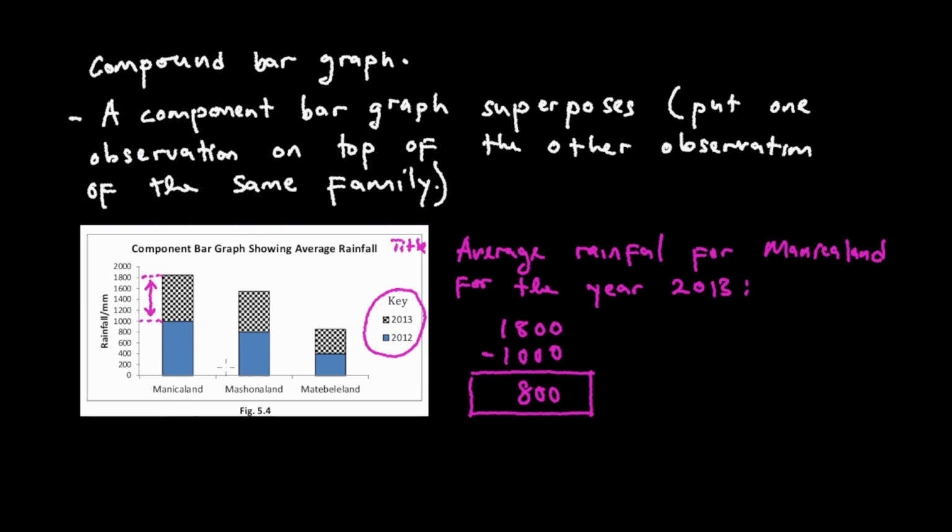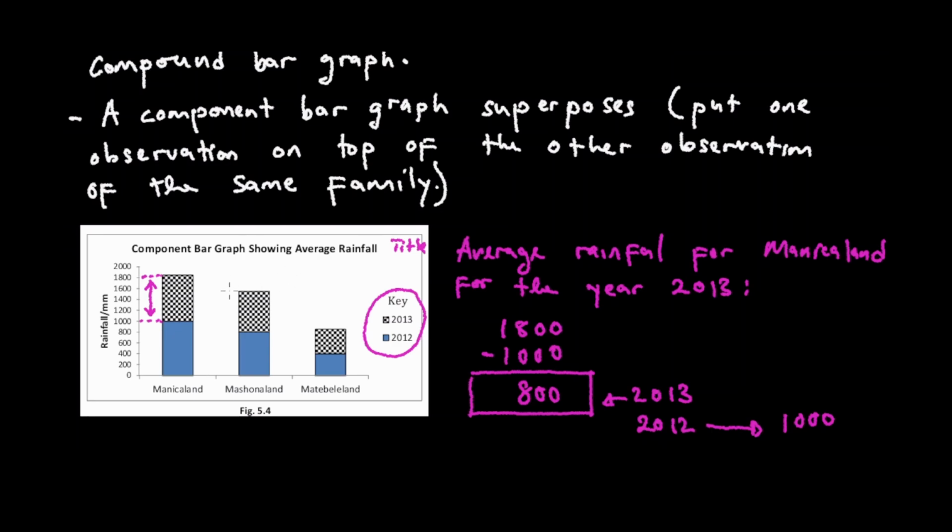Then if we want to do comparisons, we know that in 2013 it was 800, and in 2012 it was 1000. So the difference of 200 is telling us that the average rainfall in 2012 was higher by 200 as compared to the average rain we got in 2013.